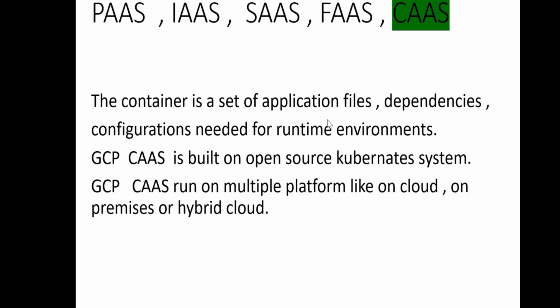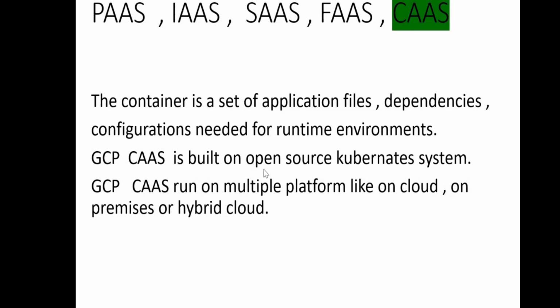Cloud native contains four pillars: containerized applications, microservice, DevOps, CI/CD. So when I say container, what we do is that we create a containerized application. That container is a set of application files, dependencies, and configurations needed for runtime environment.